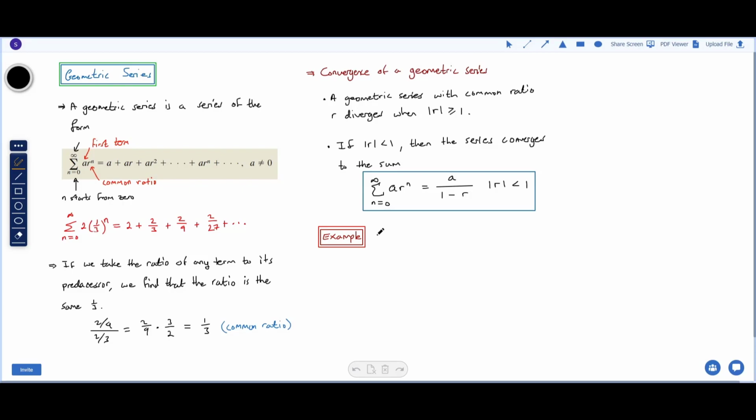So we'll say, determine the convergence or divergence of the following geometric series.